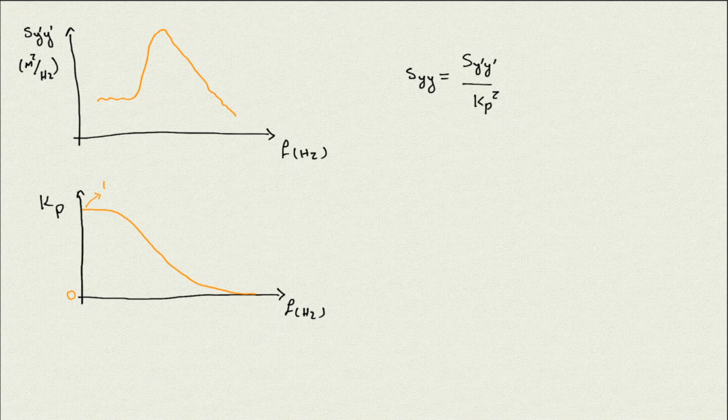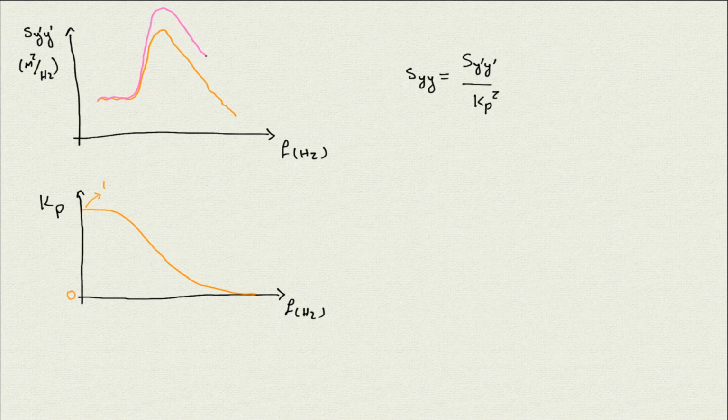So if I go ahead and draw that, here is 1, and I draw the Sy prime y prime. What we get is very close to the original, and then slowly it increases in value, so we have larger values, and it comes all the way down.